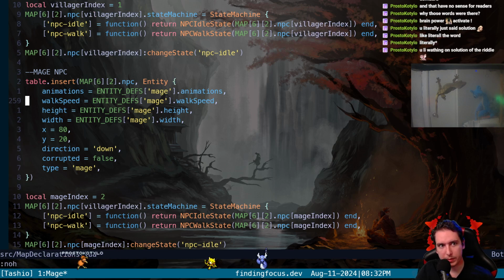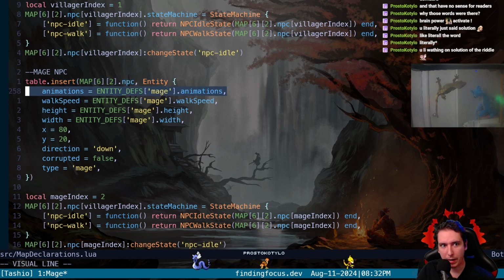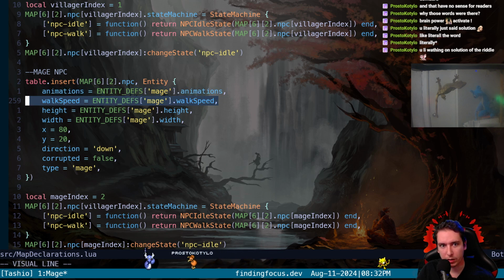So if we look at what we did, we go into the map right above where we spawn, and we insert an entity class into the .npc table, and we populate that entity instantiation with the .animations from the mage entityDef that we just made, the walk speed from there, the width and the height from there.